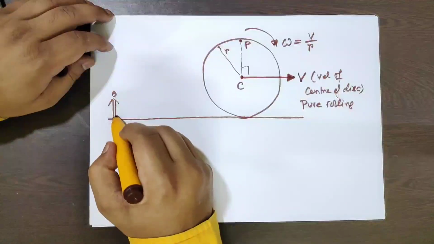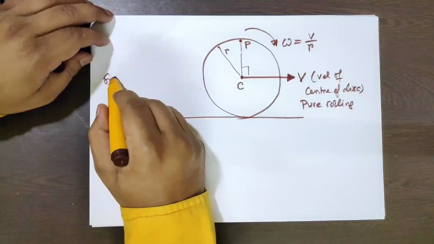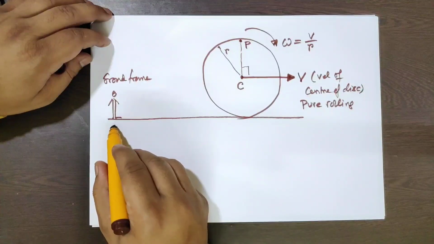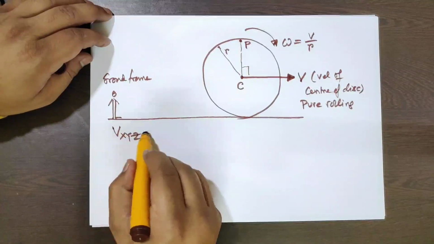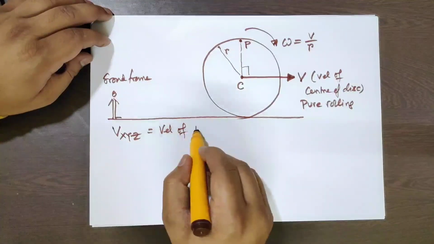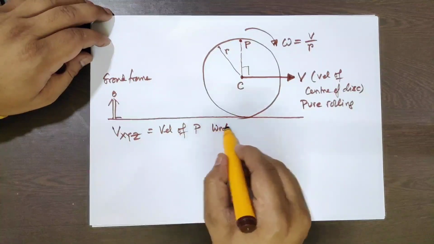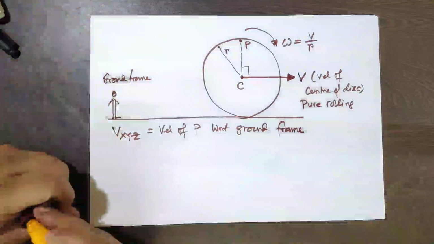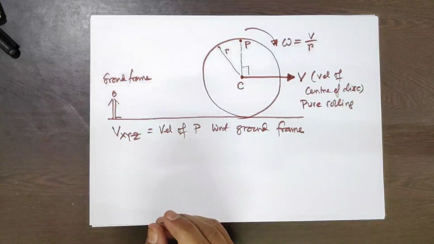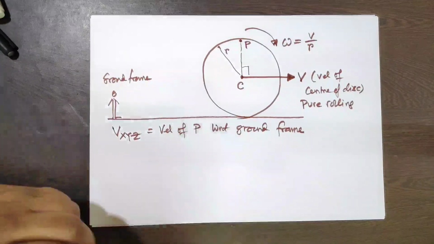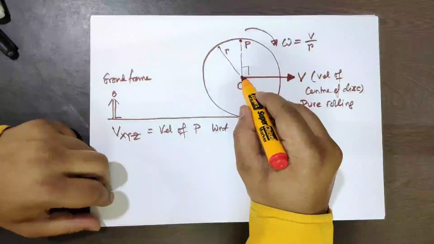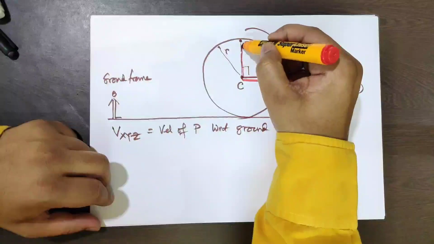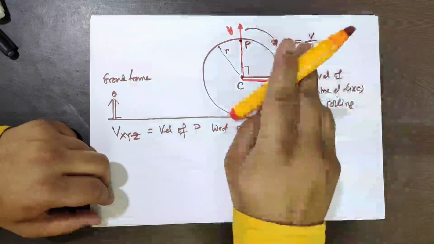So from the ground frame, this is the ground frame. Suppose v capital XYZ is the velocity of P with respect to the ground frame. We will fix a set of axes with this, say small x and small y, and small z is here.